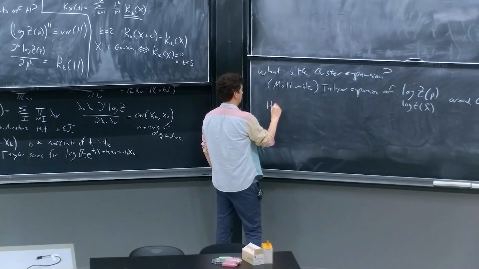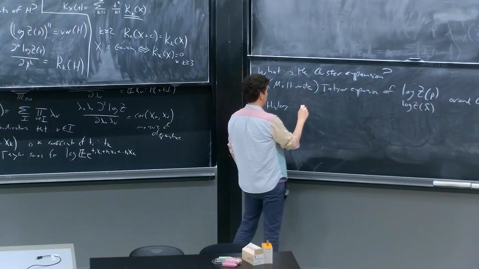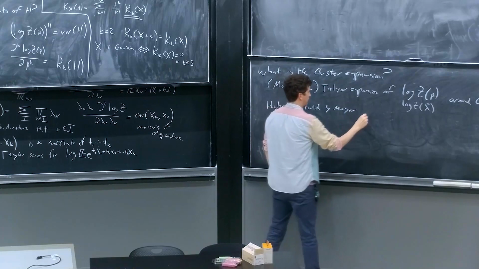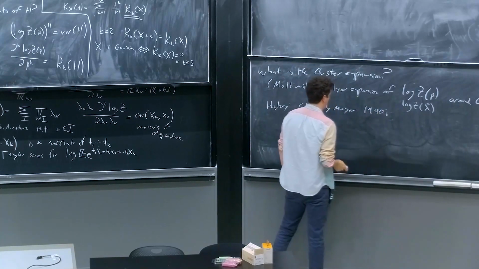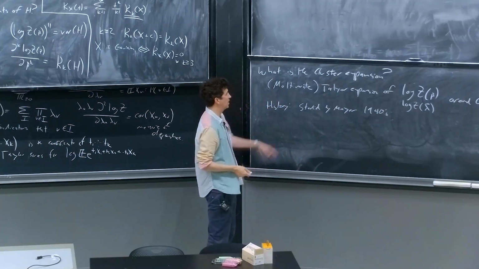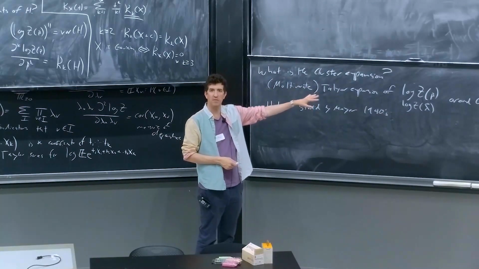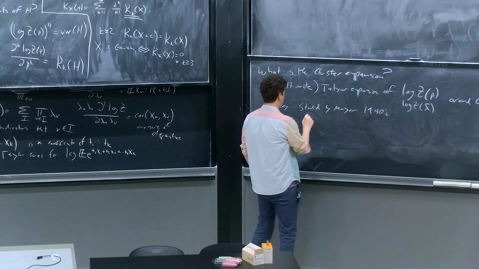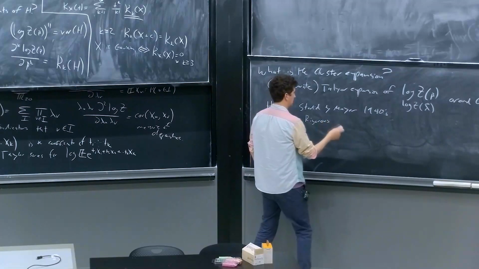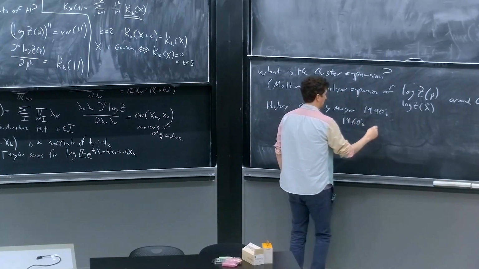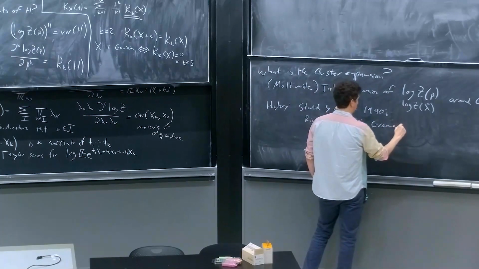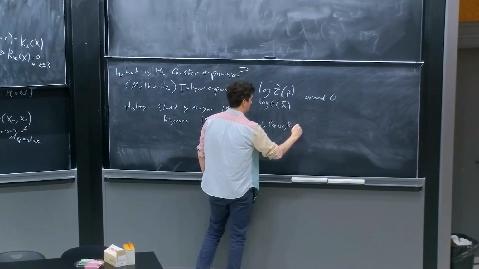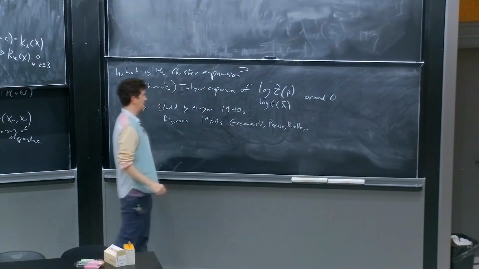The history is that this was first studied by Mayer in statistical physics in the 1940s. And then, when you talk about power series, of course, it's incredibly important whether it converges or not. The first rigorous study of convergence was done in the 1960s by Gruenwald, Penrose, Ruelle. Again in statistical physics.